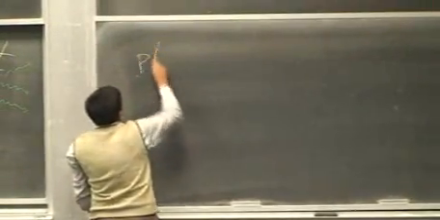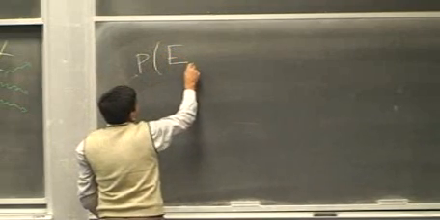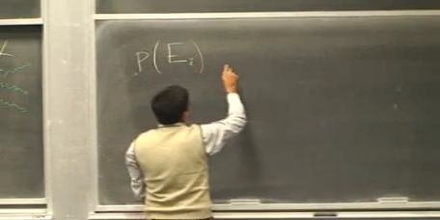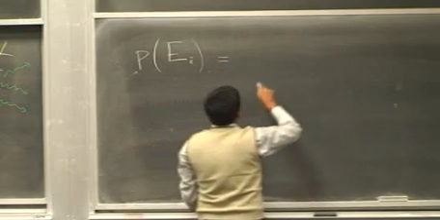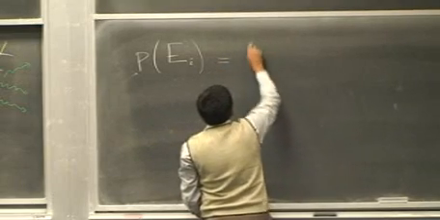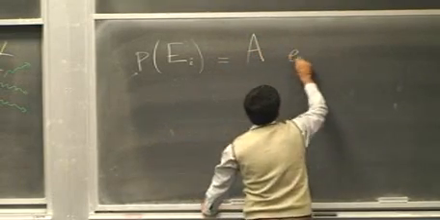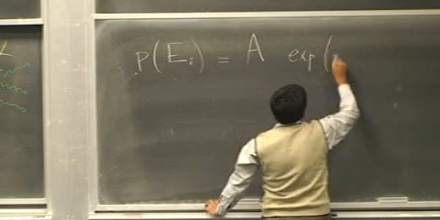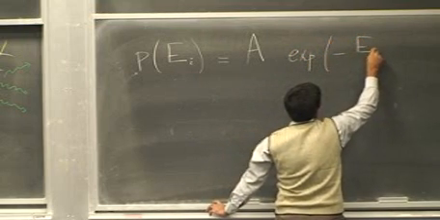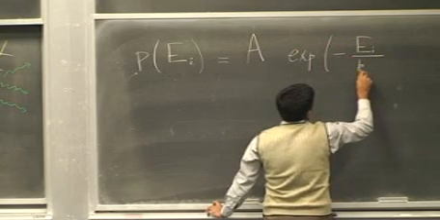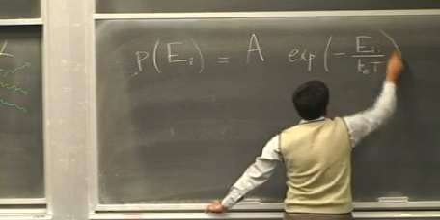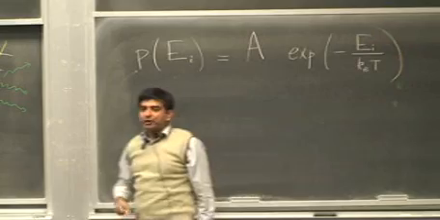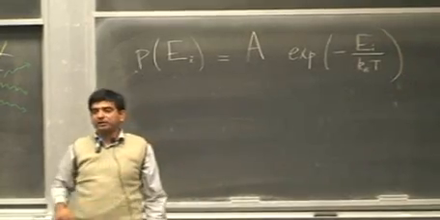The probability of occupancy of the level E_i is equal to some constant, let's call it A, exponent minus E_i over kBT. Could you help find what the value of A would be?